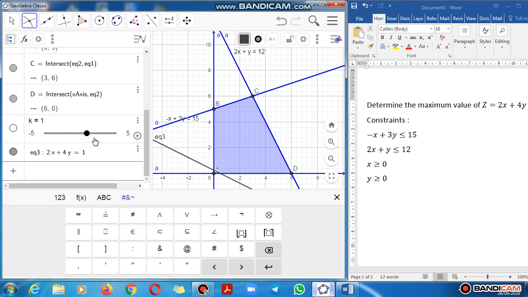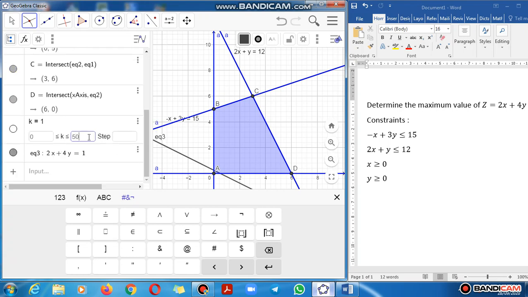Because we will use the ruler method, this equation of the objective function acts as a ruler. We change the interval of the value of k, 0 and 50. Step is 1.